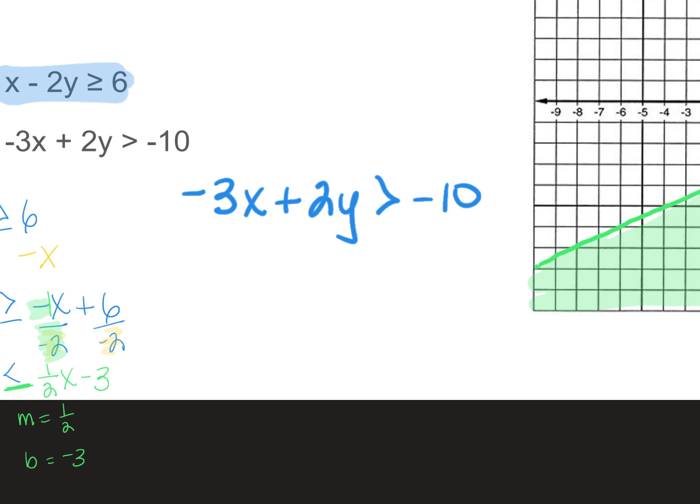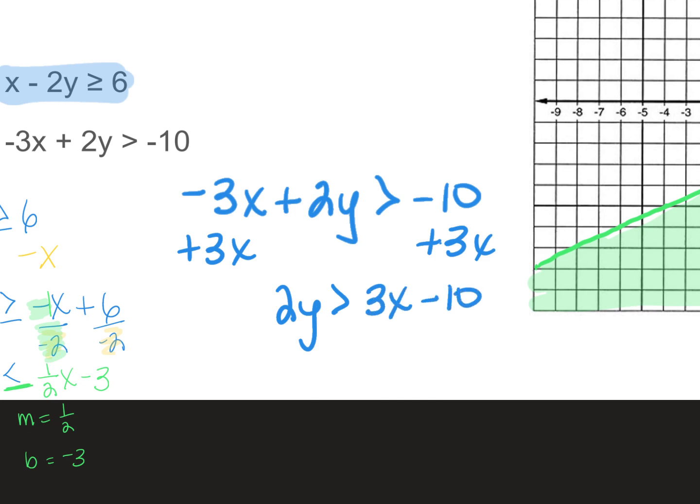It's negative, so we're going to add 3x to both sides. We have 2y is greater than, not equal, 3x minus 10. Now we're dividing by 2. It's positive, so we're not flipping the inequality. Only when we divide by a negative.